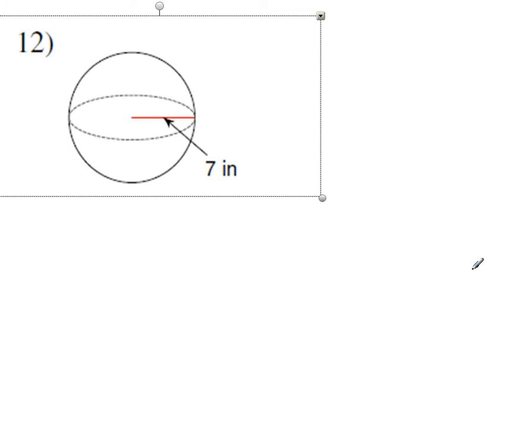So we start with the formula. Volume equals 4/3 pi r cubed. This time, does it tell us the radius?